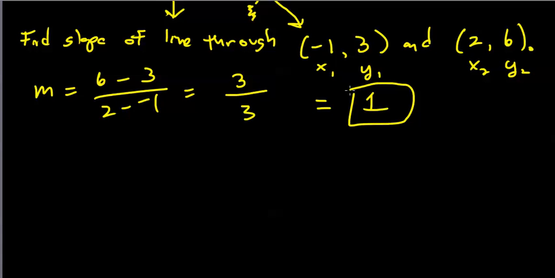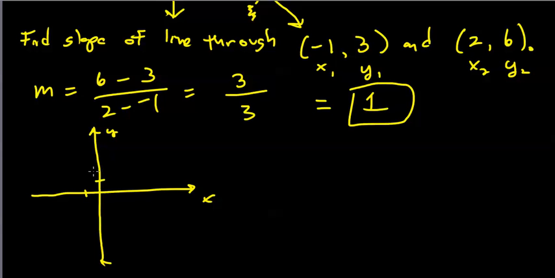Let me graph these points quickly. And x is minus 1, y is 3. Let's be up here. When x is 2, y is 6. 1, 2, 3, 4, 5, 6. Puts me up here somewhere.